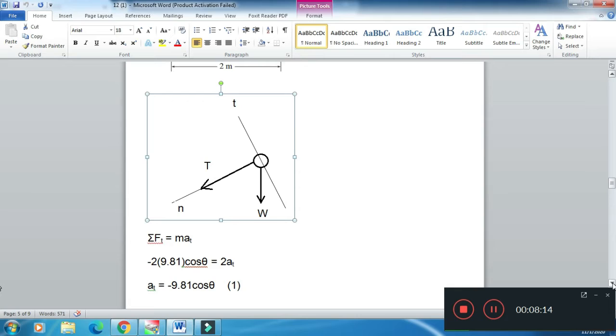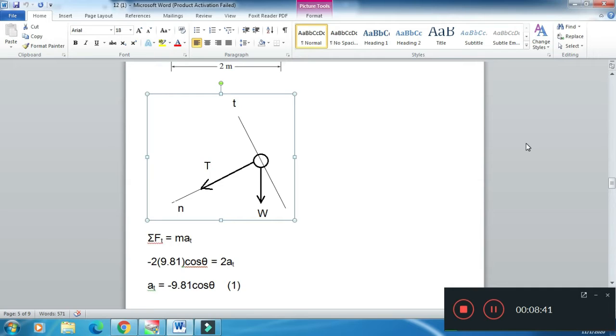So weight is equal to mass into g. Mass is 2 kg and g is 9.81, and the component is cos theta. Since we are measuring the normal direction with respect to horizontal, the angle of the chord is theta.